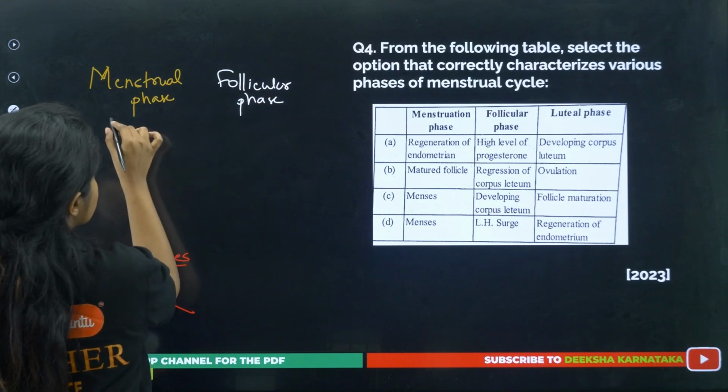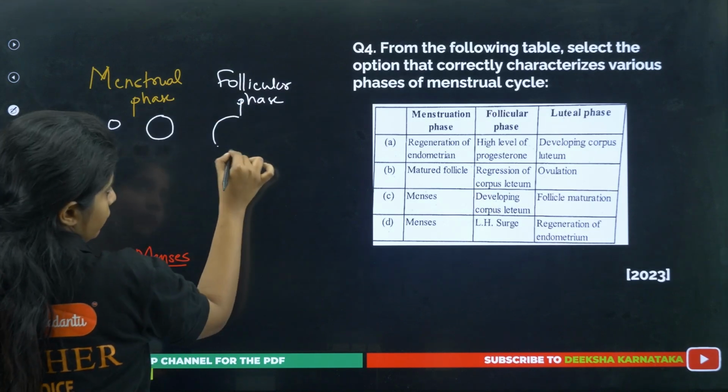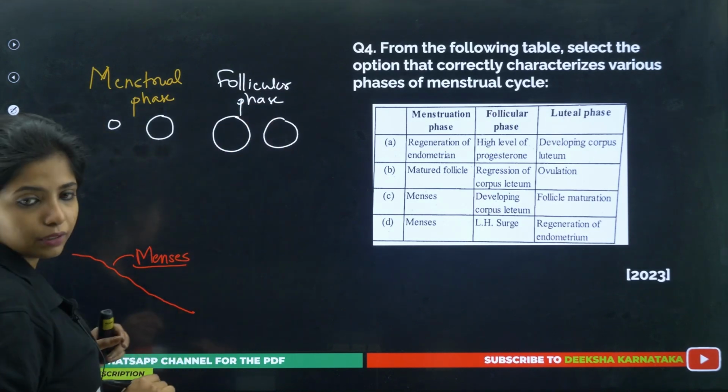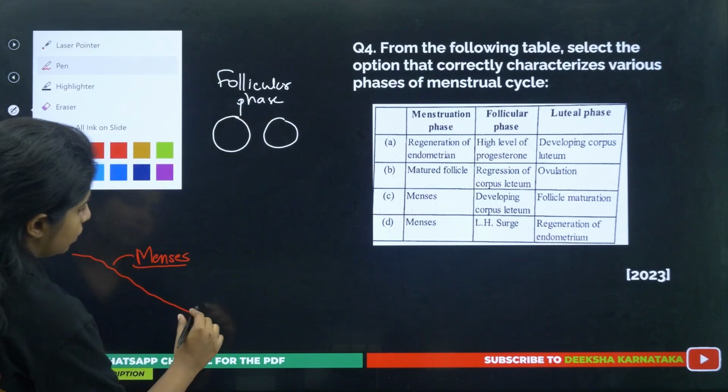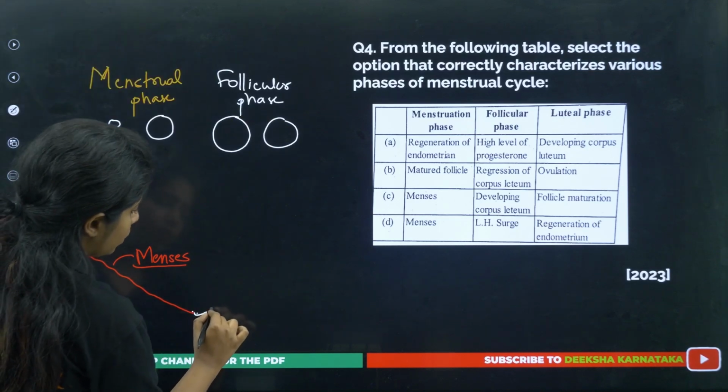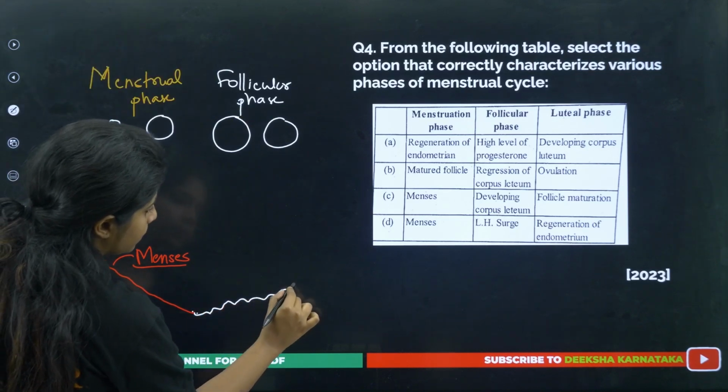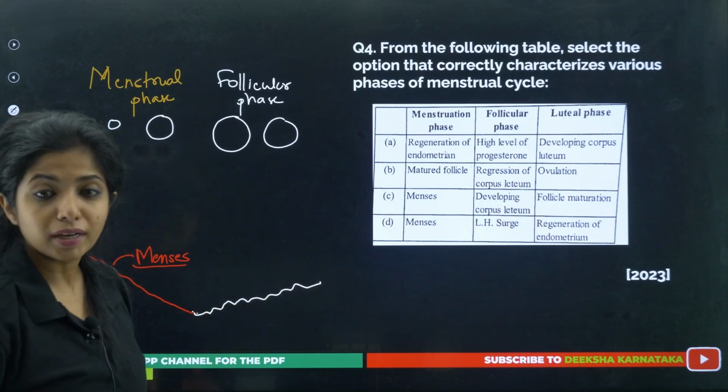where the follicles which were developing over here develop better, and also the endometrium which shut down has started forming again.